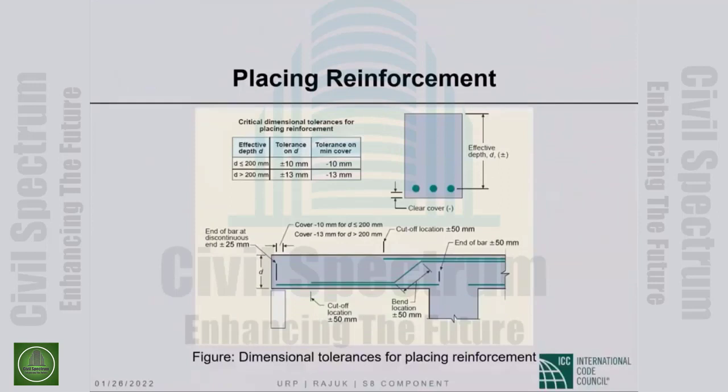Okay, so this is in pictures the same thing. The tolerance on d is plus minus 10, plus minus 13, and the tolerance on the cover. And there are other tolerances. Anyway, this is a nice picture that you can look up.